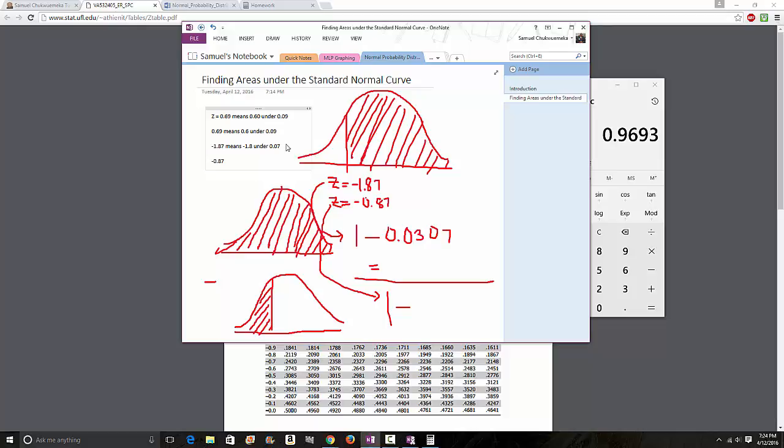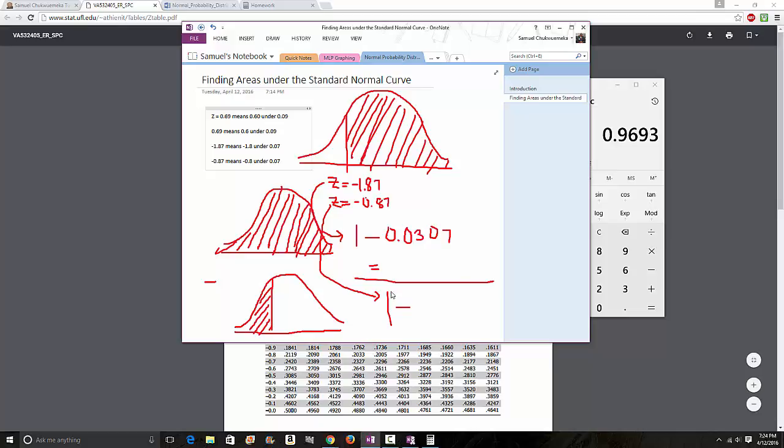Negative 0.87 means negative 0.8 under 0.07. I really want you to understand this.